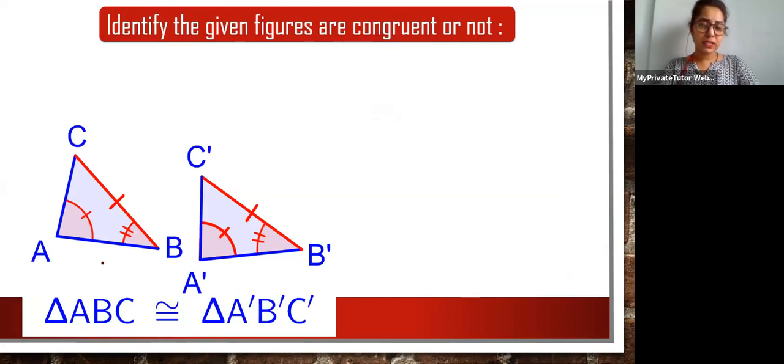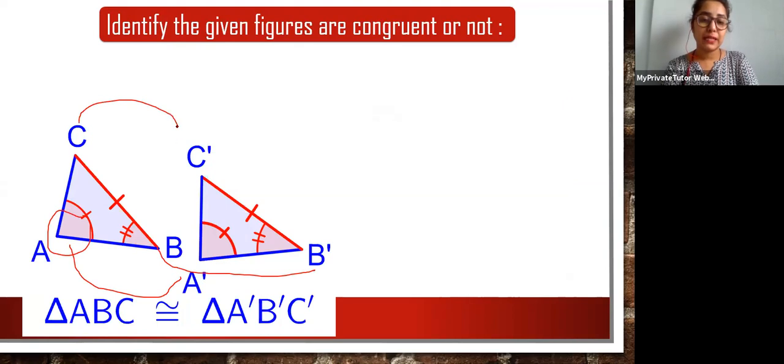Now in this you can see that I've mentioned two triangles, triangle ABC and triangle A dash B dash C dash. In both triangles you can clearly see that this angle corresponds to this angle, which means they are exactly the same. Both B and B dash are the same, and C and C dash are the same.